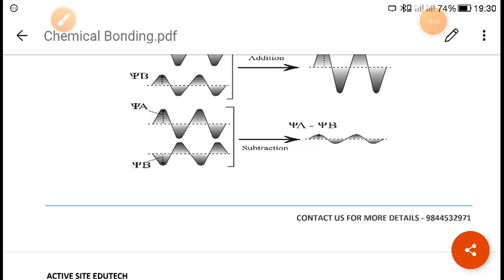We know that the order of the energy of the molecular orbitals has been calculated on the basis of ultraviolet spectroscopy.